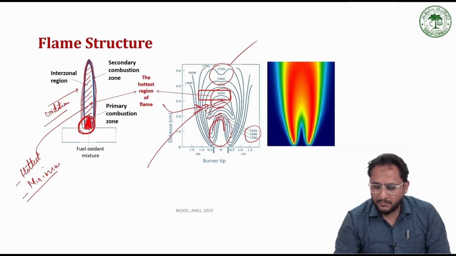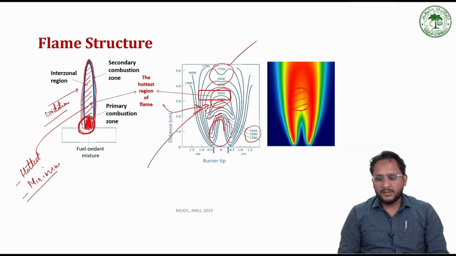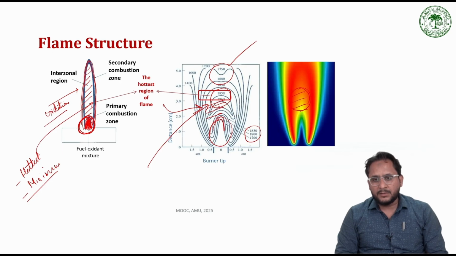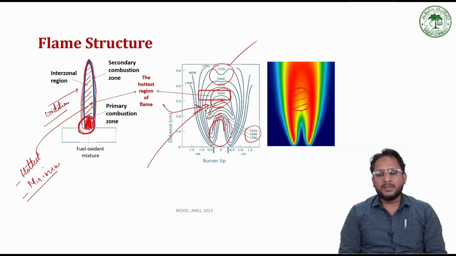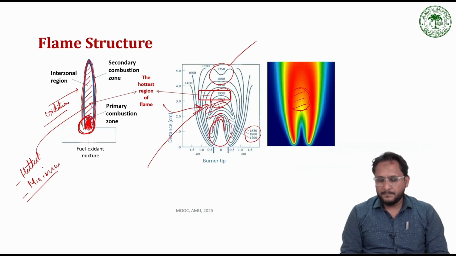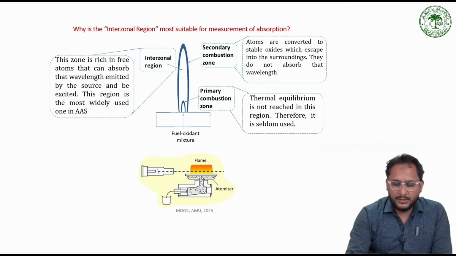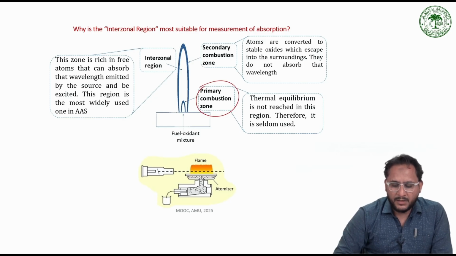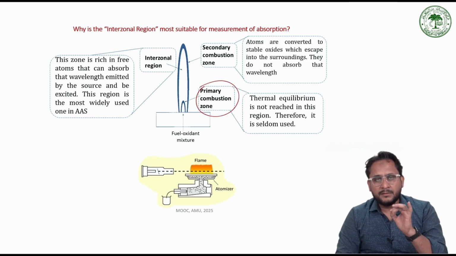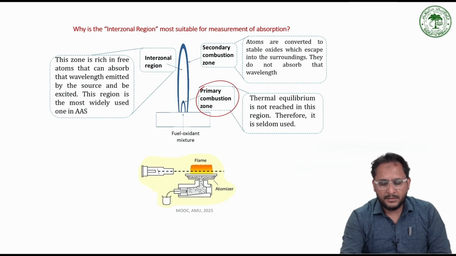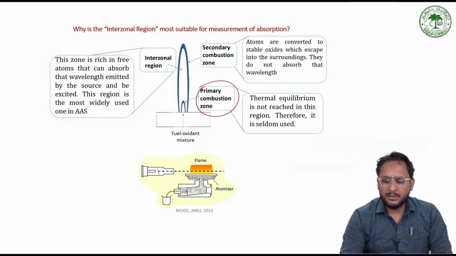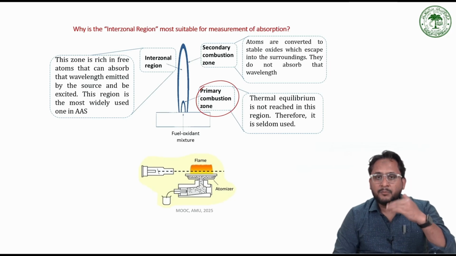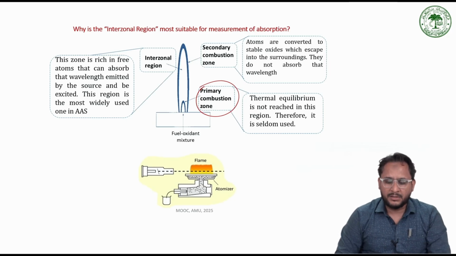In the actual flame, this is the region where we atomize the aerosol. You can see in this figure, which is the actual representation of a flame, that in this primary zone there is a low possibility of oxidation, but the temperature is not up to the mark which is needed for atomization.